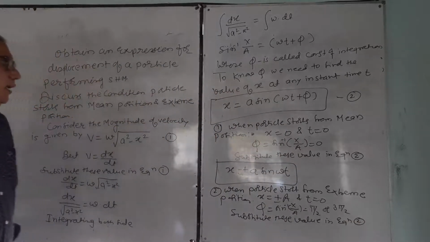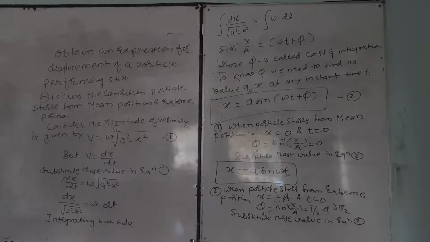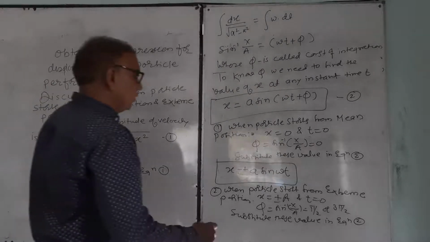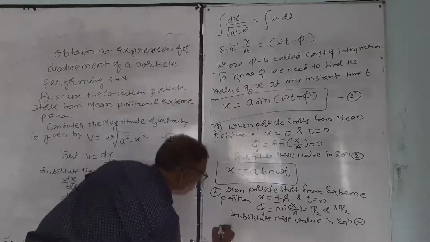We get x is equal to a sin of omega t plus pi by 2, or x is equal to a sin of omega t plus 3 pi by 2.